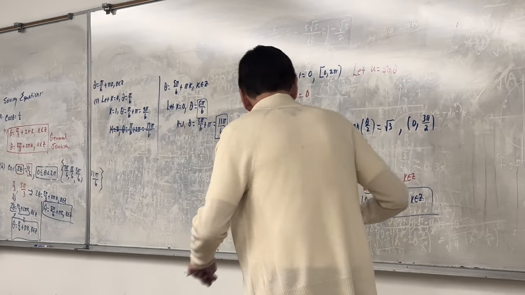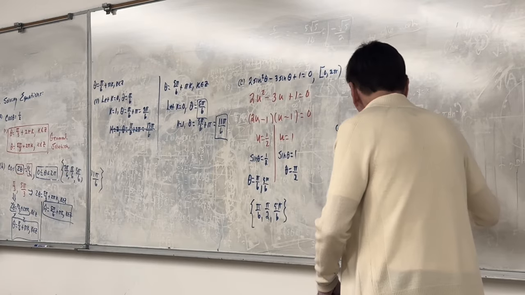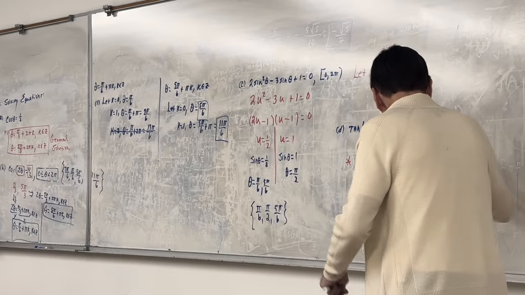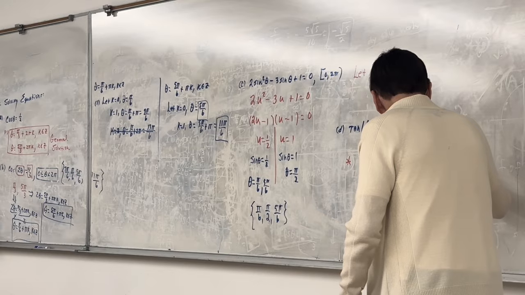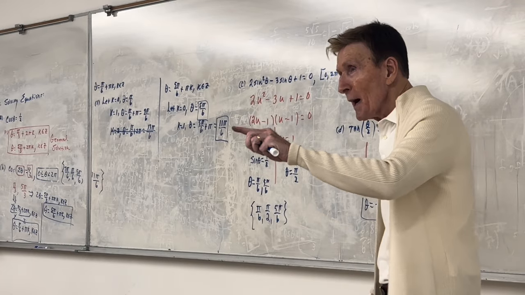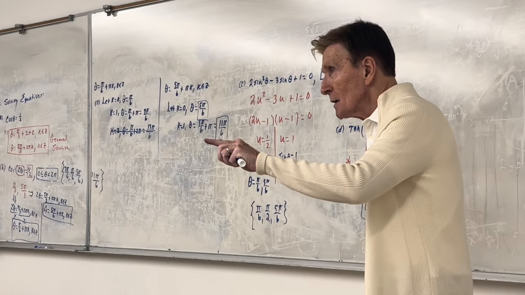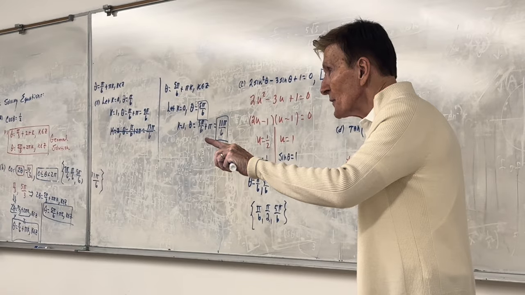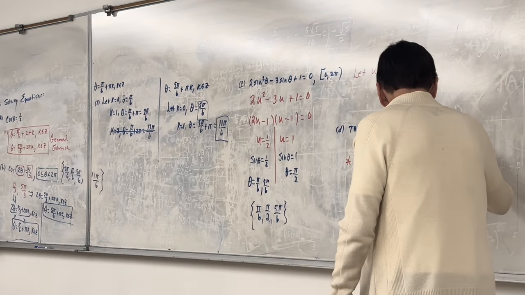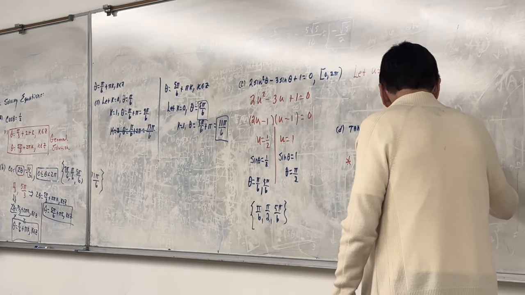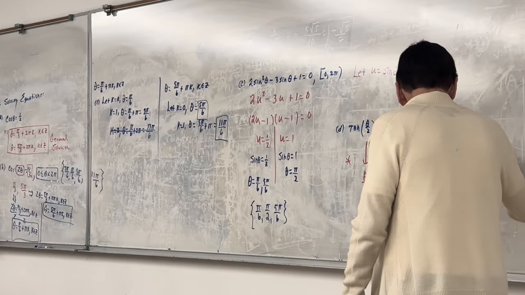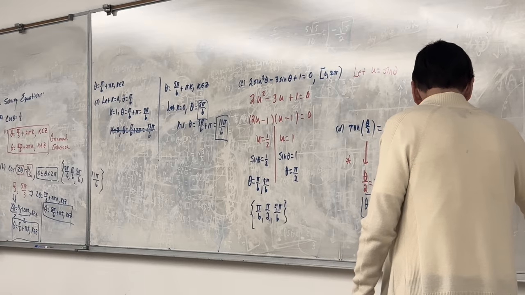4 pi over 3. So the other possibility is theta over 2 could be 4 pi over 3, plus pi k, where k is an element of the integers.